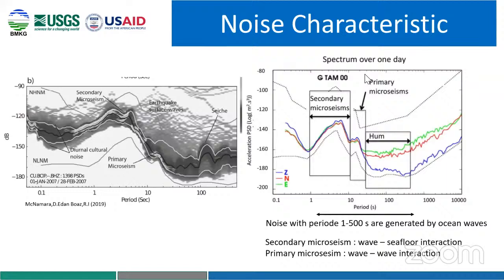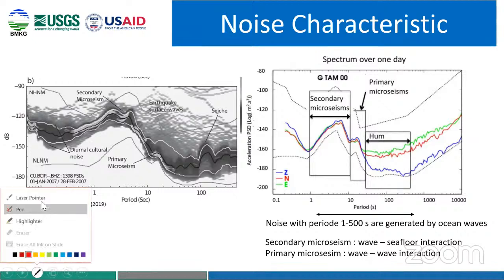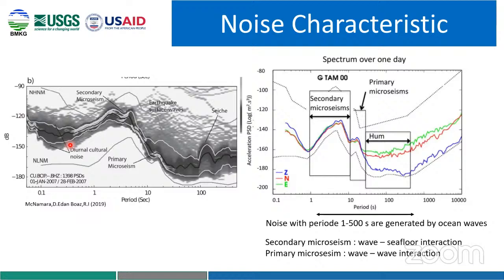The noise characteristic at a certain place or area can be seen using the PSD-PDF diagram of the seismic record. You can see here that the diurnal cultural noise has a shorter period or higher frequency, while the microseism has a period of around 1 up to maybe 15 seconds.